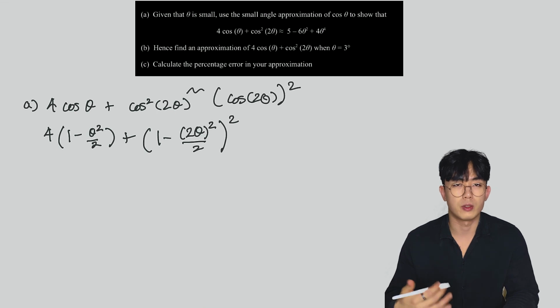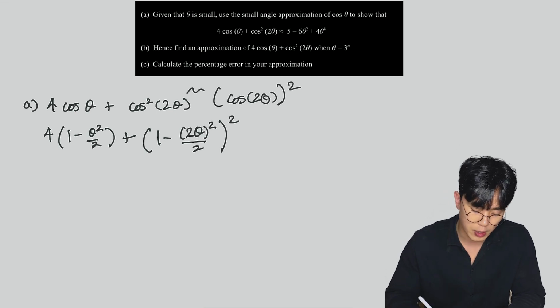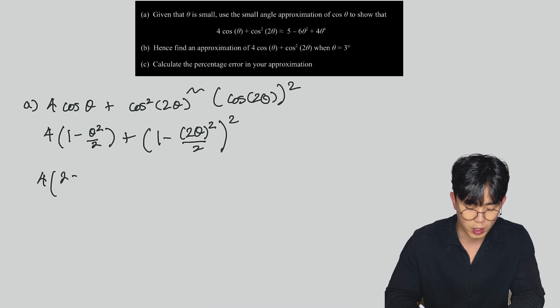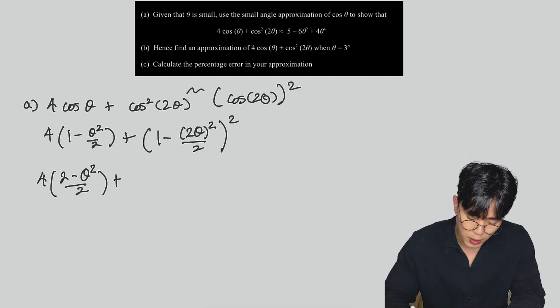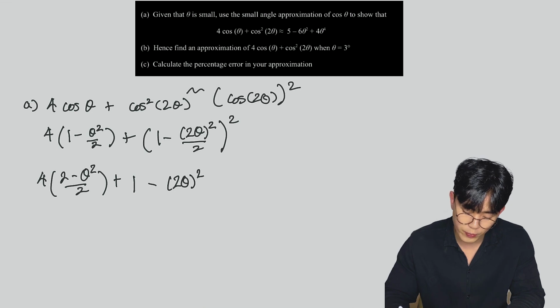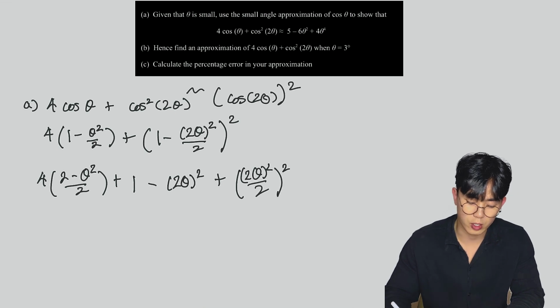Once we got this, we have to simplify again. So this becomes 4 times 2 minus theta squared over 2, plus this, right, the second term, we just have to expand the bracket. So we get 1 minus 2 theta squared plus 2 theta squared over 2 squared, like this, close bracket.